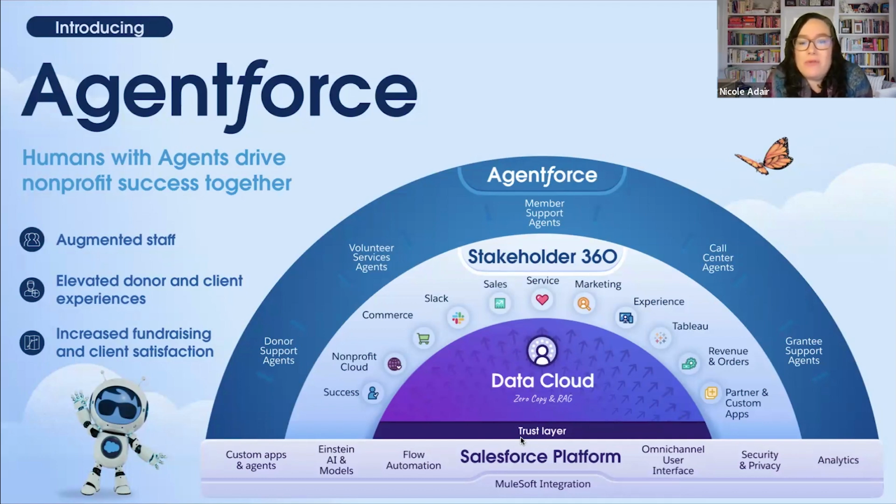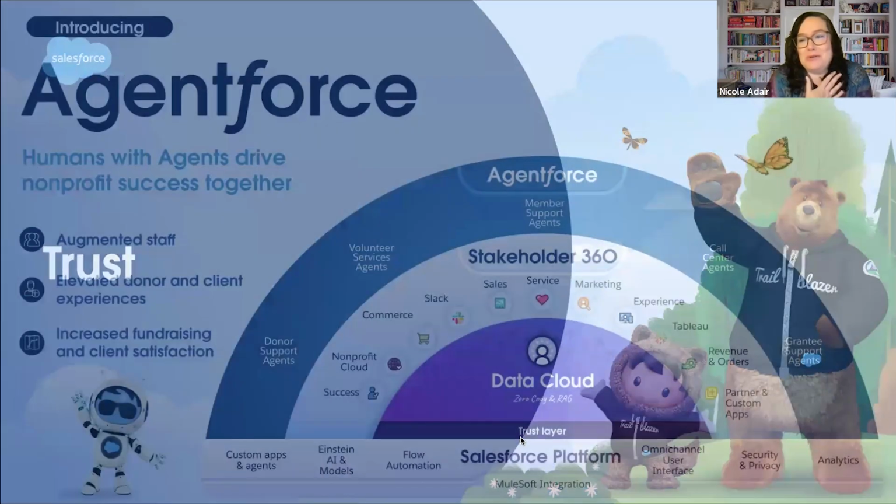And then on top of that, we've built Agentforce to give you the ability to augment your staff and build those agents that can drive success for your organization with a human at the helm. So we are really emphasizing that this is a partnership between artificial intelligence and humans who have to be there.